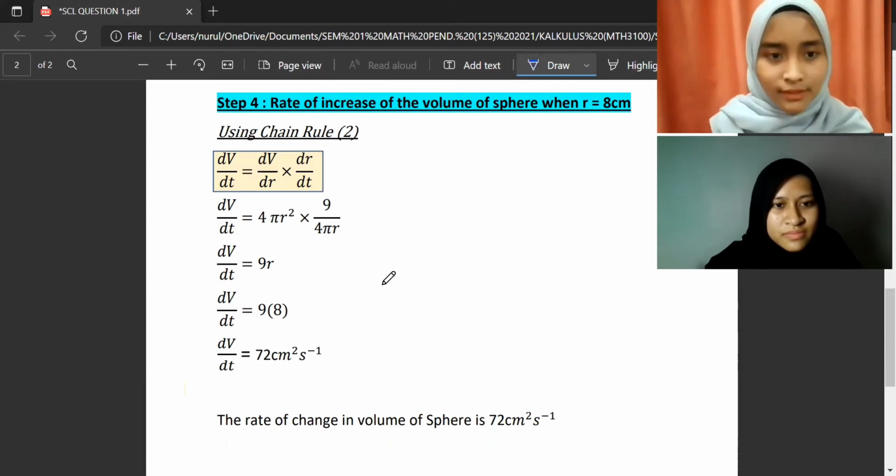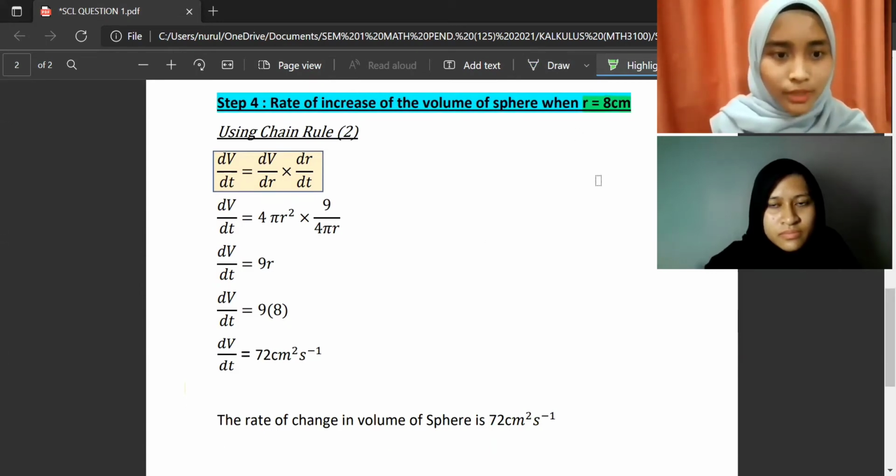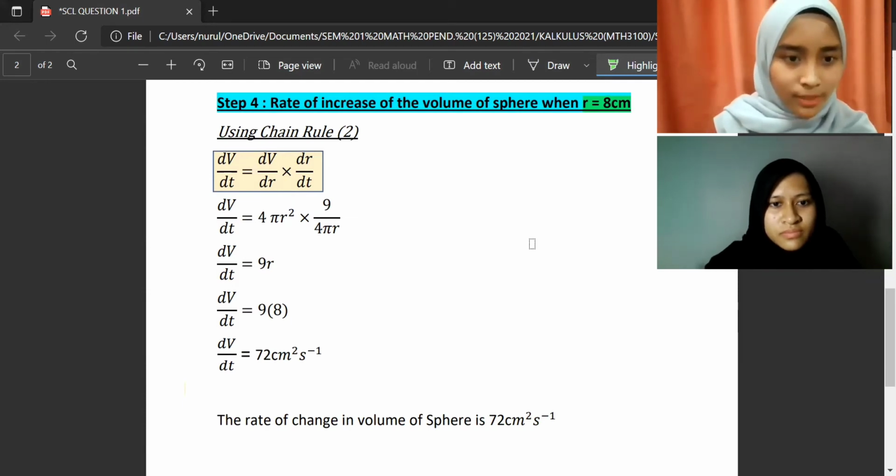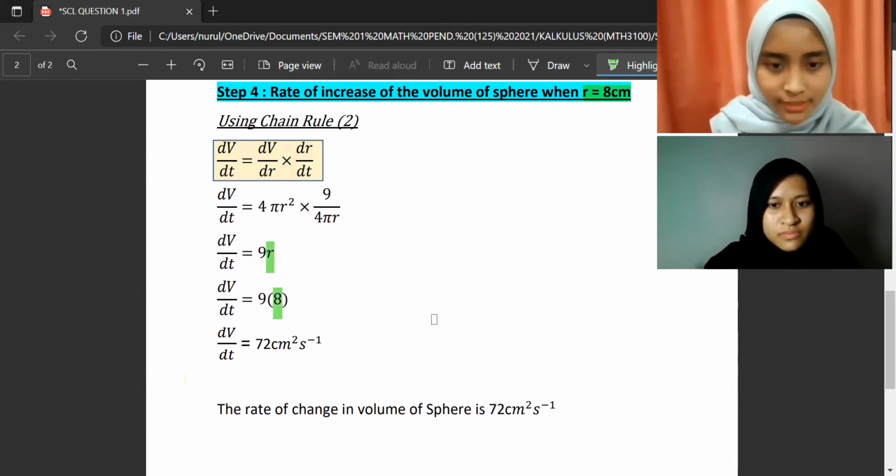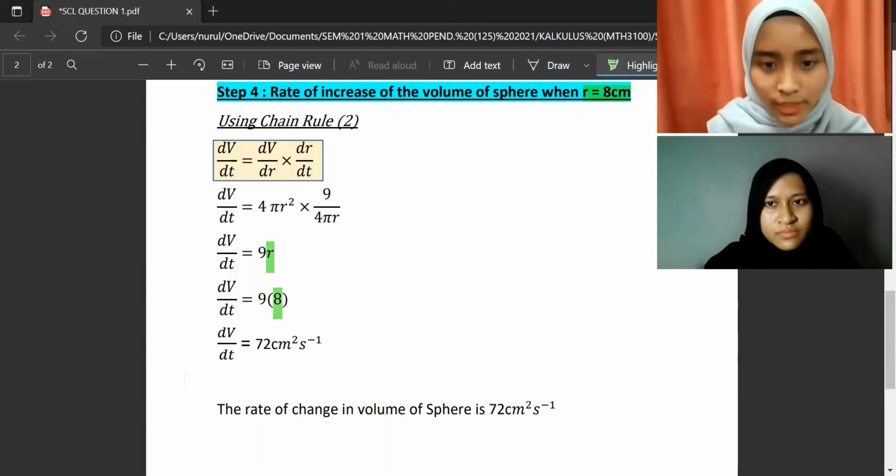As the question asks us to find the rate of volume when r equals 8 cm, we need to substitute r with 8. When we substitute it, we get 72 cm cubed per second. So the rate of change in volume of the sphere is 72 cm cubed per second.